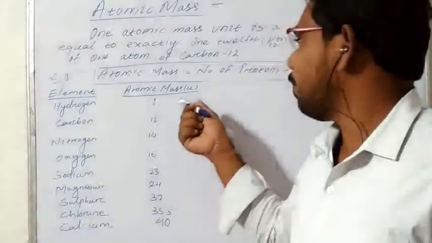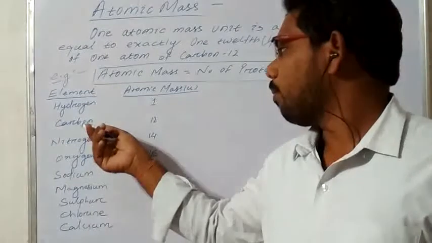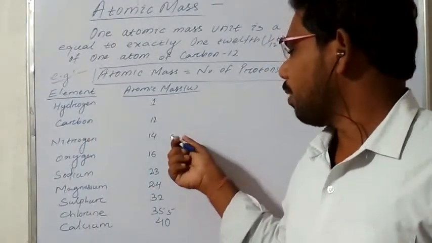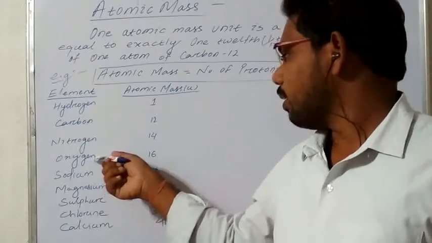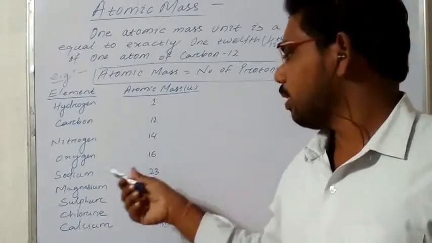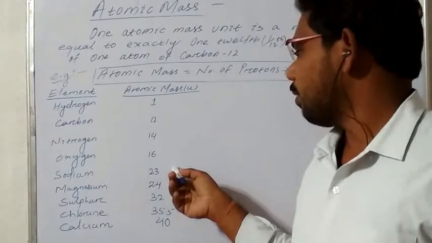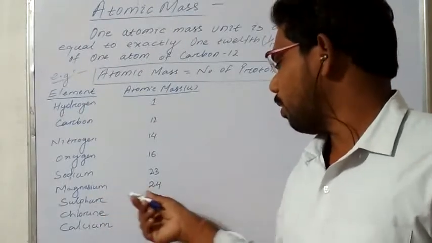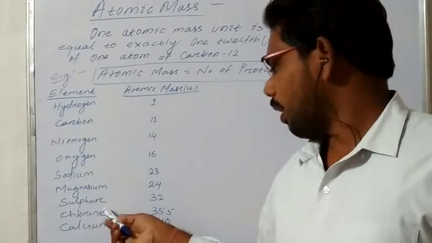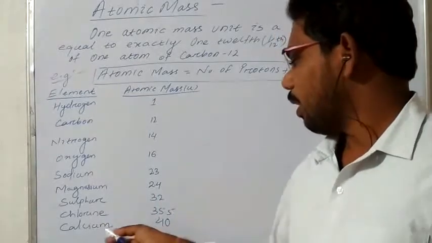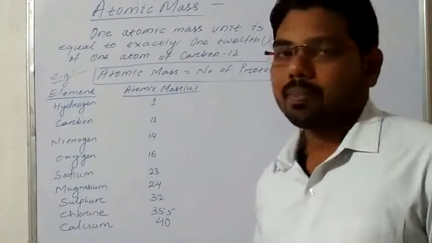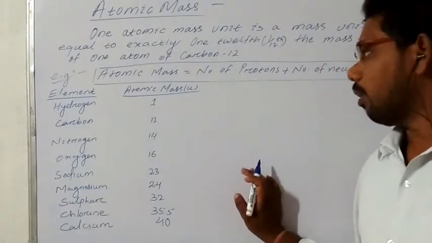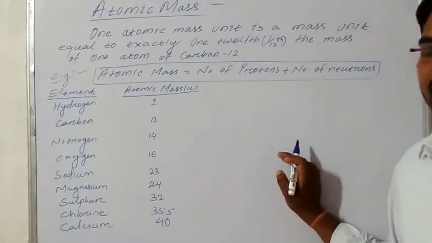Hydrogen's atomic mass is 1, carbon 12, nitrogen 14, oxygen 16, sodium 23, magnesium 24, sulfur 32, chlorine 35.5 and calcium 40.